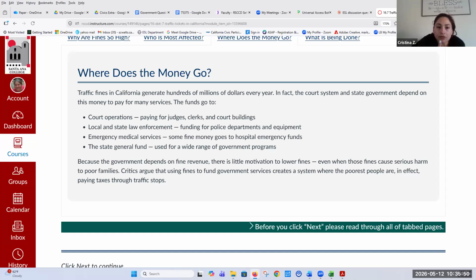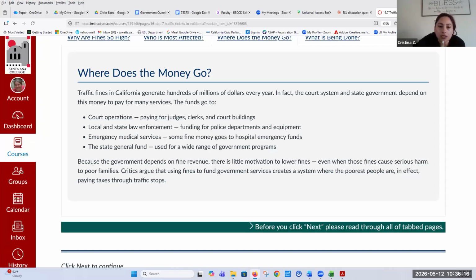Where does the money go? Traffic fines in California generate hundreds of millions of dollars every year. In fact, the court system and state government depends on this money to pay for many services. The funds go to court operation, paying for judges, clerks, and court buildings.